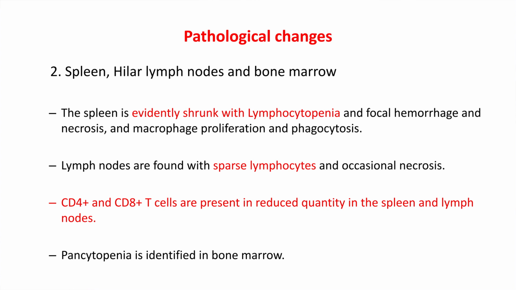Lymph nodes have sparse lymphocytes, and the CD4 and CD8 cells are reduced in spleen and lymph nodes. Also, we found pancytopenia in bone marrow.